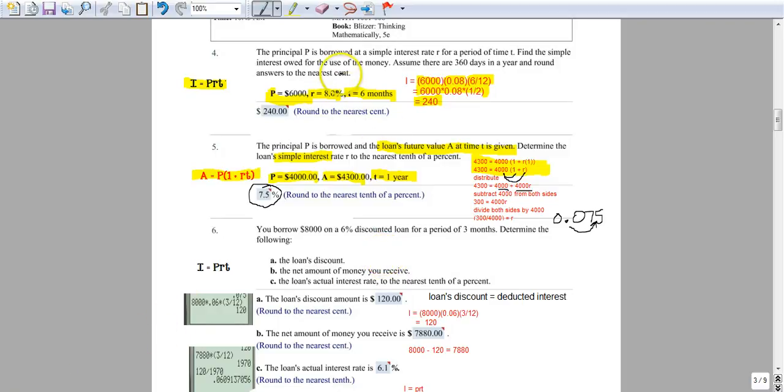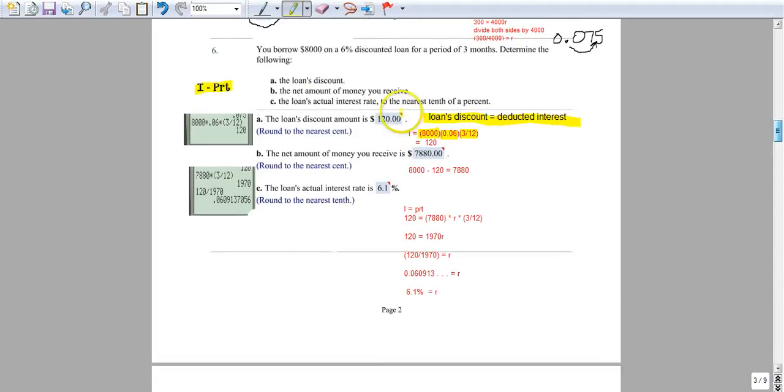So this is simple interest again, so we're using the I equals PRT. You're determining the loan's discount, which is just the amount of interest that you're deducting. So I equals PRT, you've got a principal of $8,000, an interest rate of 6%, so 0.06, and it's 3 months, so 3 out of 12, because remember time is done in terms of years, 3 months out of 12 months.